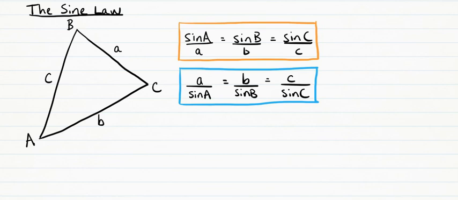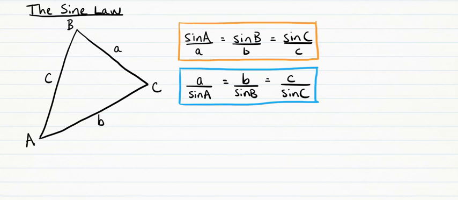Angles we label with uppercase letters and side lengths with lowercase letters. Side a is opposite to angle A, side b is opposite to angle B, and side c is opposite to angle C.